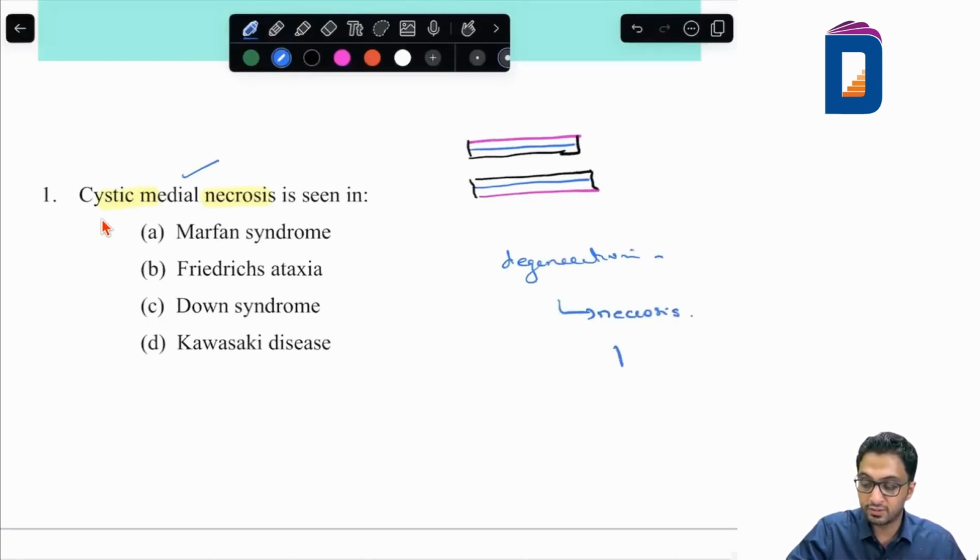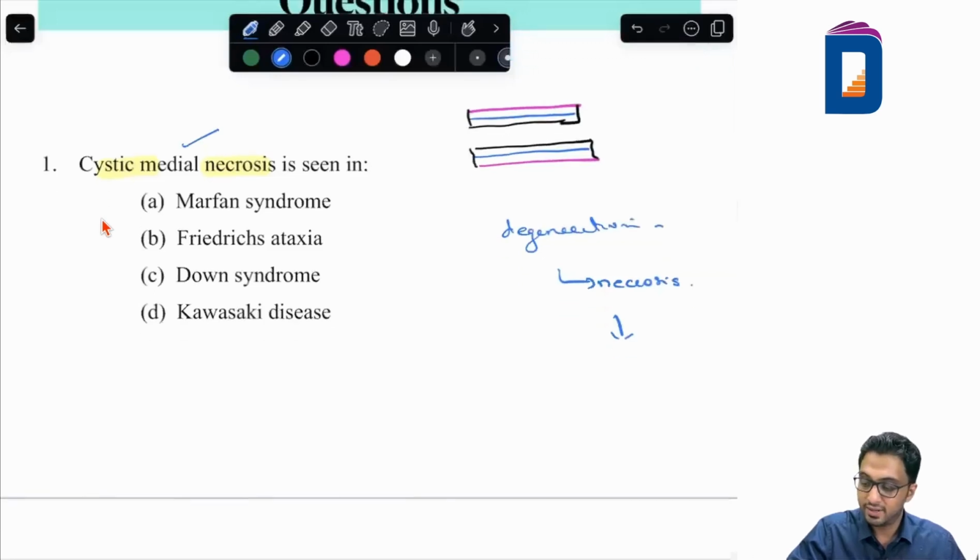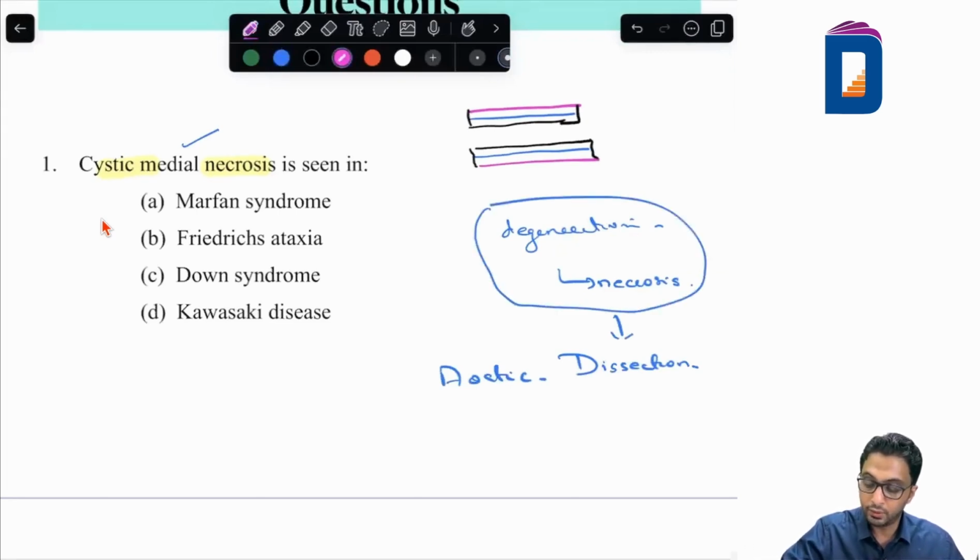This necrosis leads to destruction or dissection. If it is on the aorta, it is called aortic dissection. This degeneration can lead to some cystic space formation in this layer, finally leading to dissection, a break.